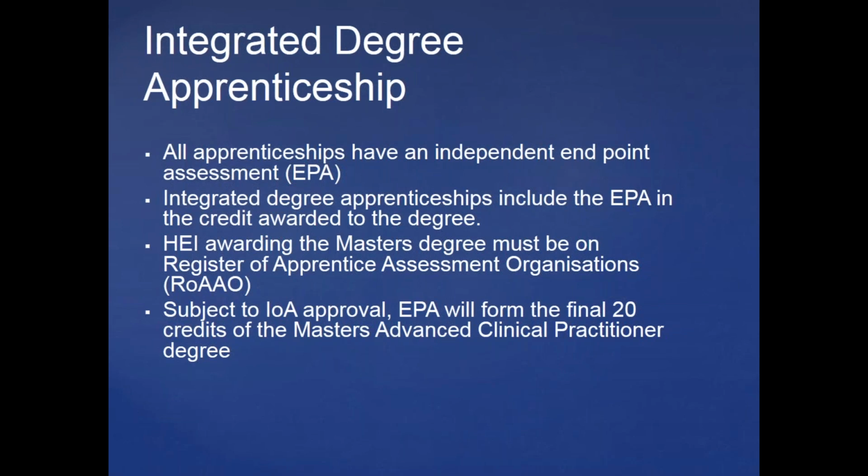The HEI that awards the master's degree is normally the endpoint assessment organisation as well, and therefore will need to be on the register of apprentice assessment organisations. So subject to the Institute of Apprenticeships approval, the EPA for the Masters in Advanced Clinical Practitioner Apprenticeship will form the final 20 credits of the master's degree.